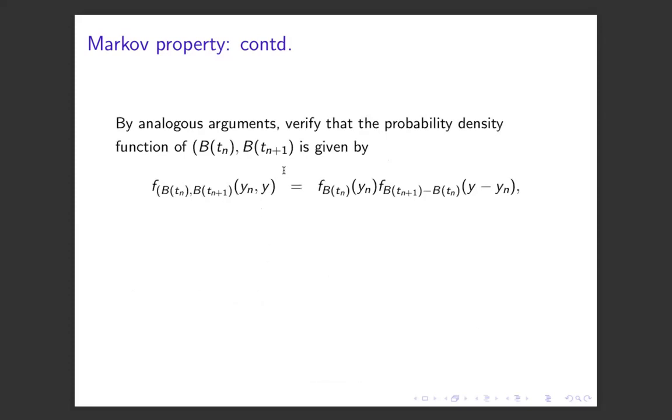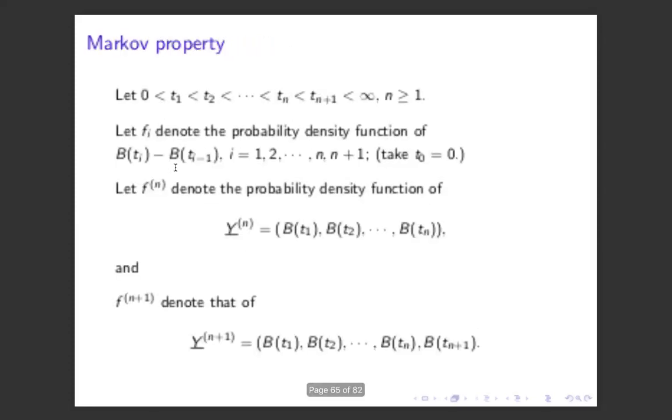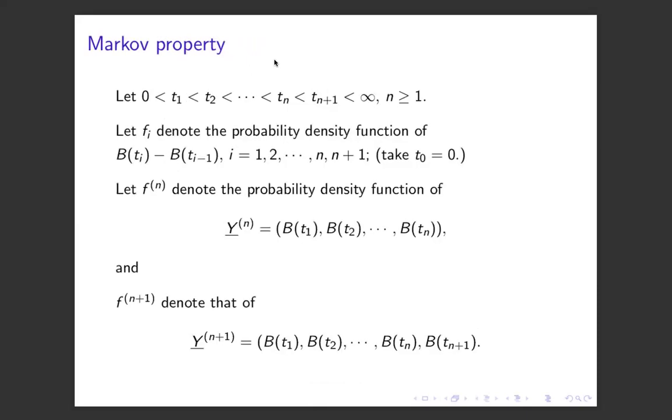Now, by very similar arguments, instead of taking n plus 1 time points, just take 2 time points, Btn and Btn plus 1, the last 2 time points which you came across in the earlier discussion. Supposing you had taken Tn and Tn plus 1 only, forgetting about all the other earlier things, then instead of this Bt1, you will have Btn and Btn plus 1.